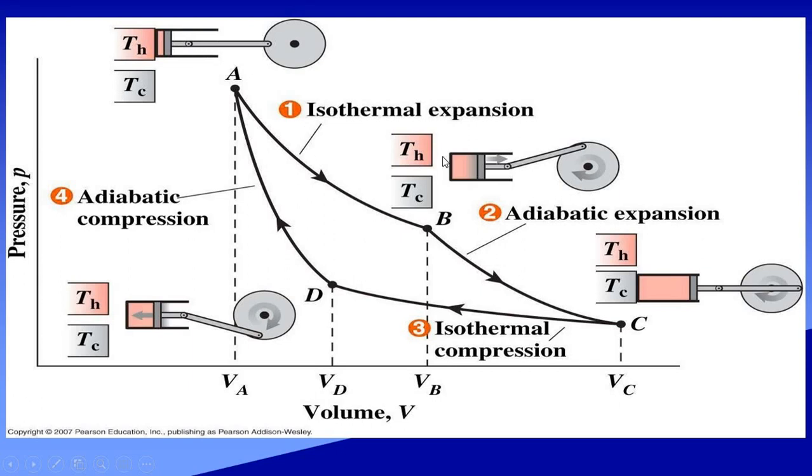So 1 to 2, this heat energy from the conductor will pass through at a constant rate, but that is not at all possible. Throughout this process, that is A to B, the temperature remains constant.